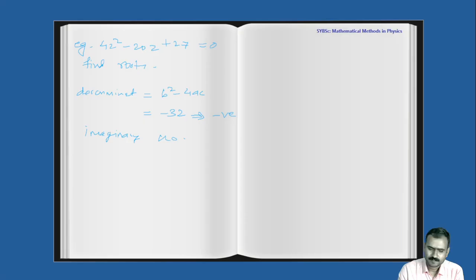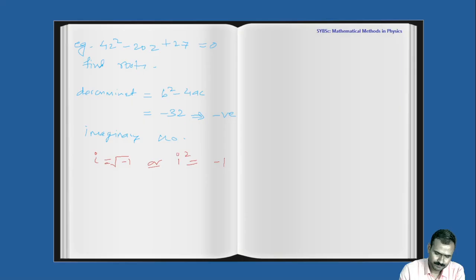We denote this imaginary number by i, whose value is √-1, or i² = -1. So we will get the roots of this quadratic equation.